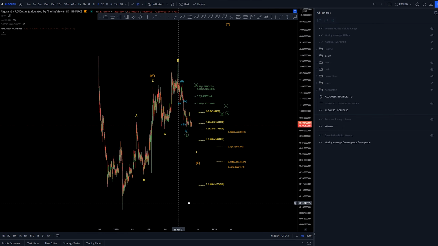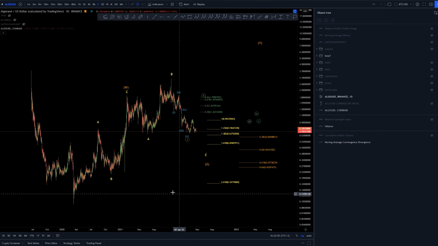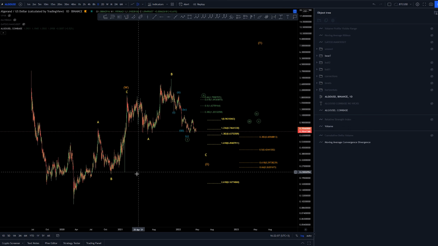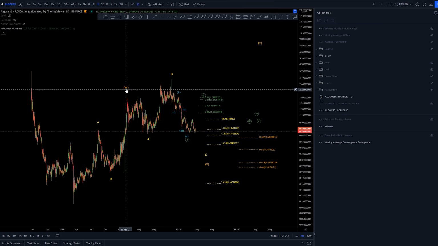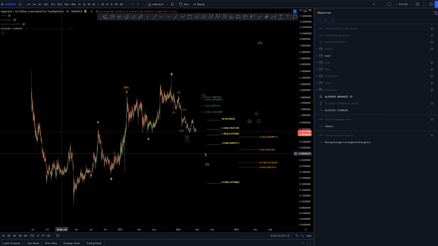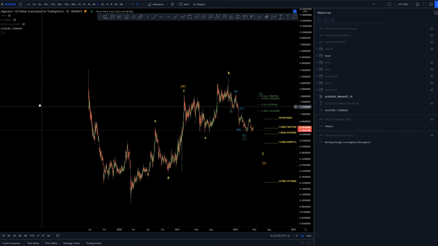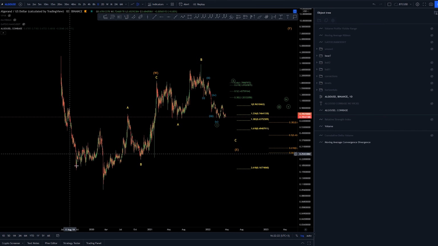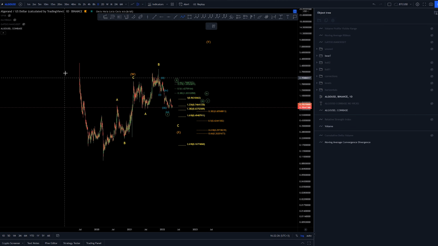We have a bear scenario still to go through, and as this whole structure does not really look too impulsive, it could be possible that this is actually a zigzag ABC up to something, possibly a W, or this could be linked to some structure behind here that we can't see, and this could be just another larger wave degree of correction.